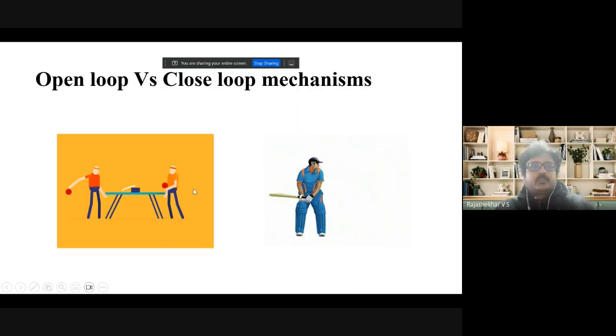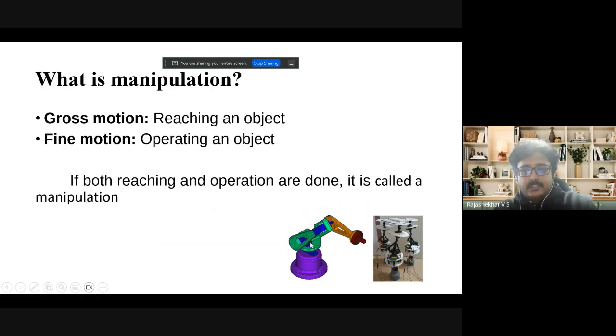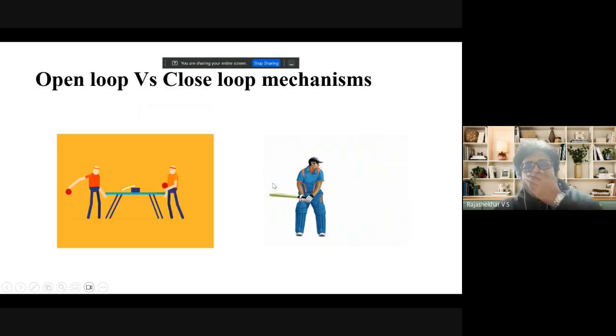Okay, there are two mechanisms as I showed you earlier. This is a serial mechanism and this is a parallel mechanism. The thing is that open loop versus closed loop mechanisms. So I hope that everyone is aware of the two sports. This is cricket and this is table tennis.